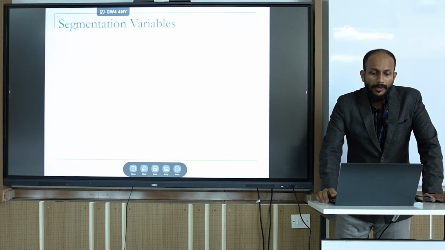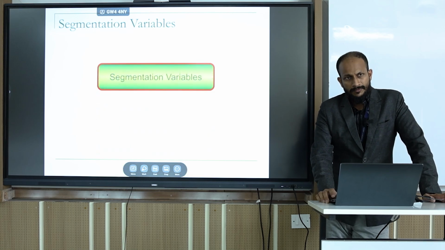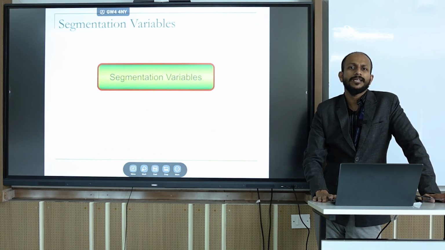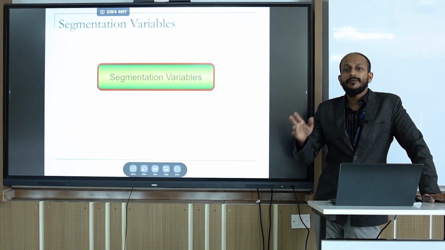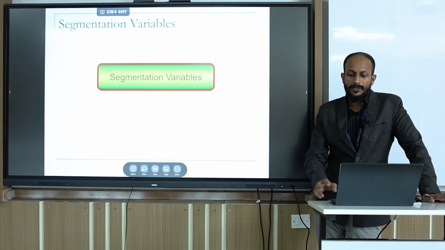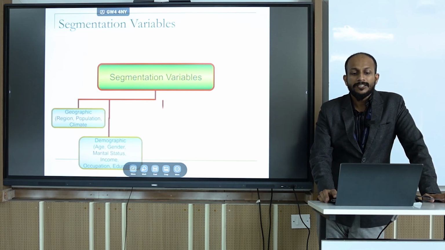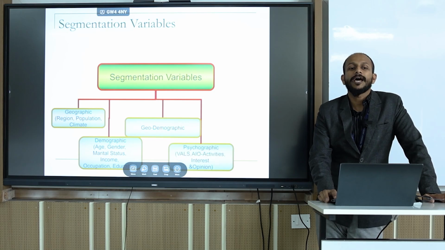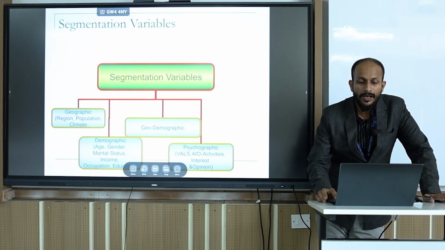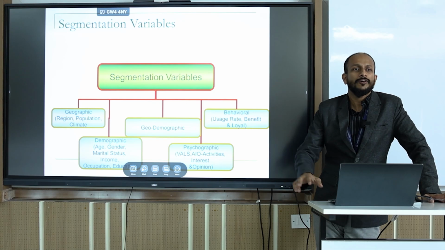Okay, so coming to the different variables. So now we have got to know about what is meant by segment with few examples. Now let's talk about the classifications of the segment. Segmentation can be classified in general into different types. So now the one which you are seeing here is a theoretical classification.